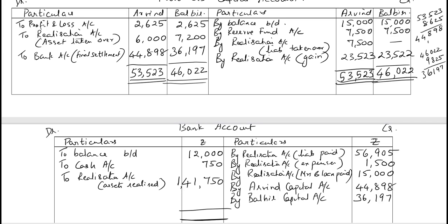The entries are done. We will check if the bank account tallies. The debit side total is 1,54,500 rupees.